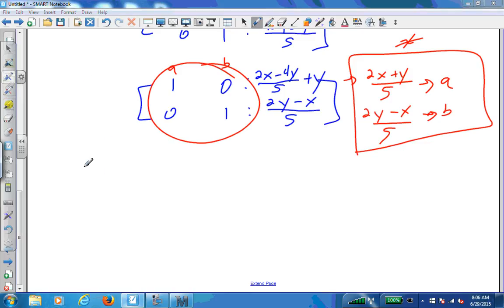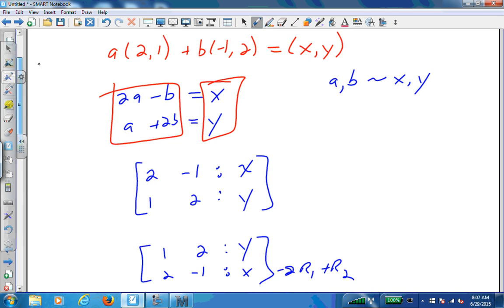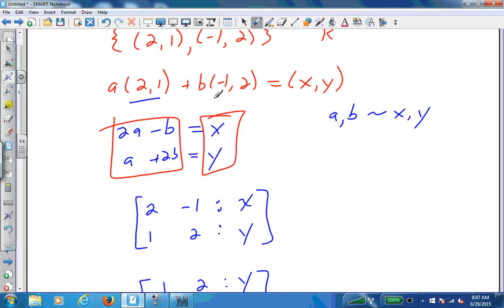If I want to attain the vector 3, 5, remember x and y are my generic vector, a and b tell us how many of this vector and how many of that vector it takes to get the vector I'm trying to achieve.